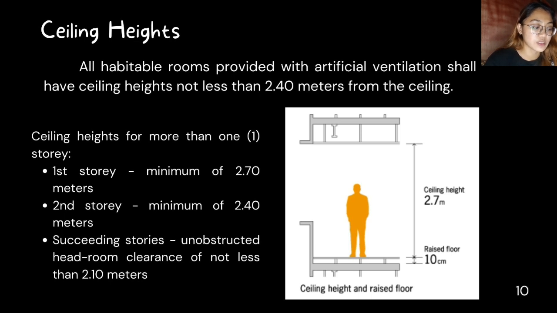For the second story, it should have a minimum of 2.40 meters. And third, for succeeding stories, unobstructed headroom clearance of not less than 2.10 meters.